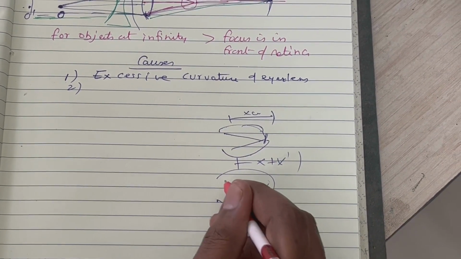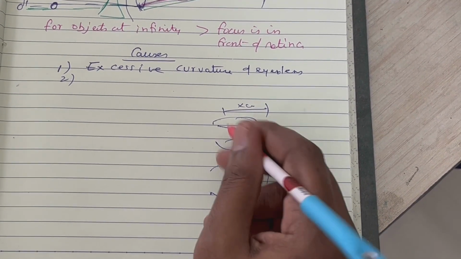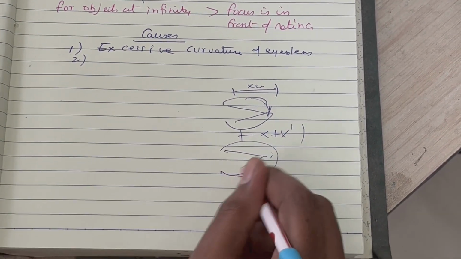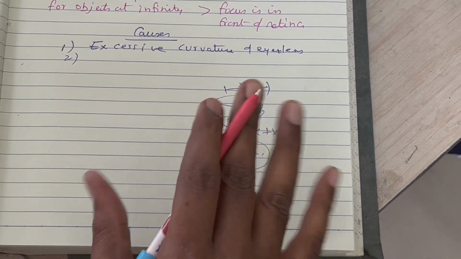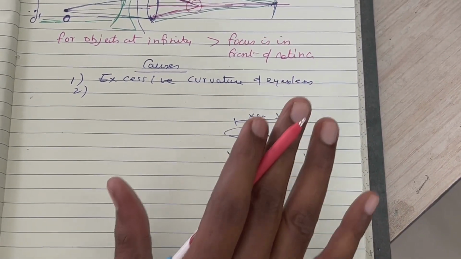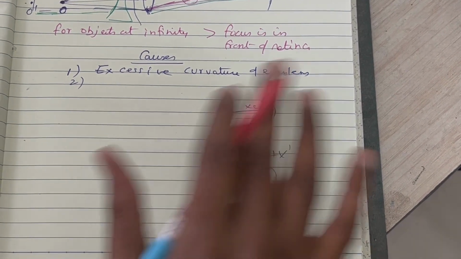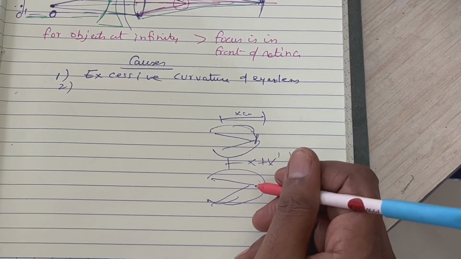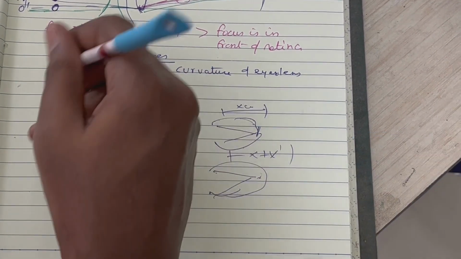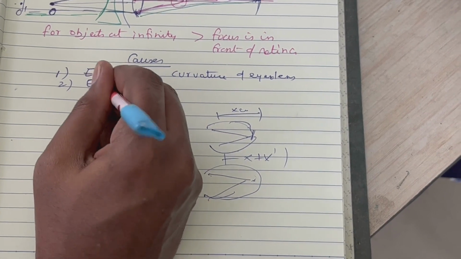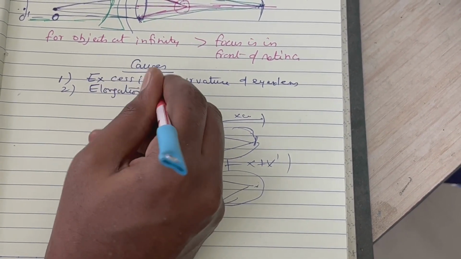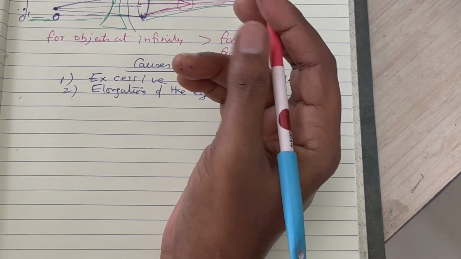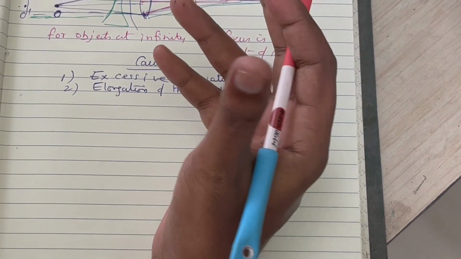So even though nothing has changed with the property of the lens, because the eyeball has elongated, the image formation will not be on the retina, it will be in front of the retina. So that's the second condition, that is the elongation of the eyeball. So that's about myopia, the cause of myopia, and how to rectify it. Thanks.